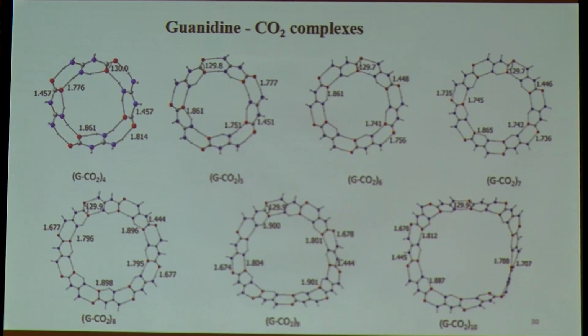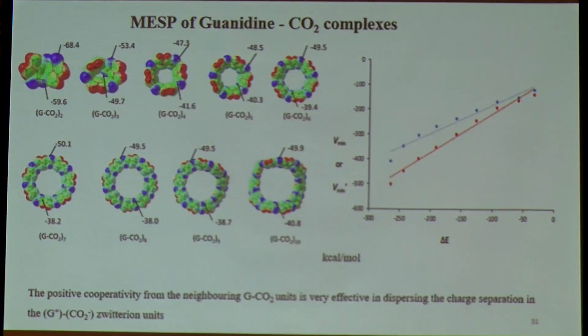And so we have developed this kind of cluster structures, like guanidine clusters, and I think it is saturated around 8 carbon dioxide, where the maximum interaction energy was observed. So this is the result of what happens to MESP if I plot. If you develop cooperative hydrogen bonding like this, the MESP value magnitude, minus 68.4, decreases.